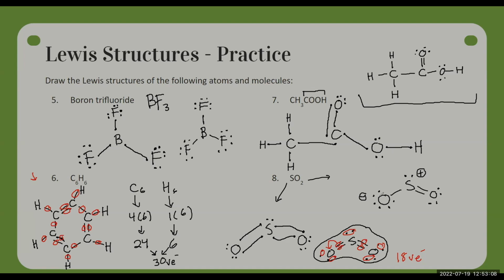If we do the same thing down to this structure of the resonance structure up here, we can do 2, 4, 6, 8, 10, 12, 14, 16, 18. So this structure is also going to have 18 valence electrons. And so that is actually going to be another structure that you can draw for sulfur dioxide.